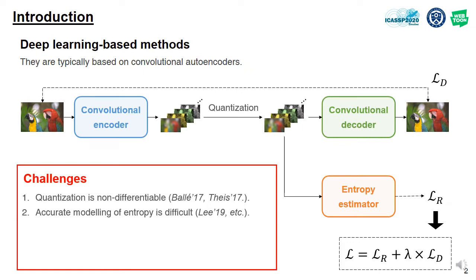In previous works, these two challenges are well addressed, so they have shown better performance than conventional ones, such as JPEG compression. However, they are still inefficient in terms of storage and computational complexity.